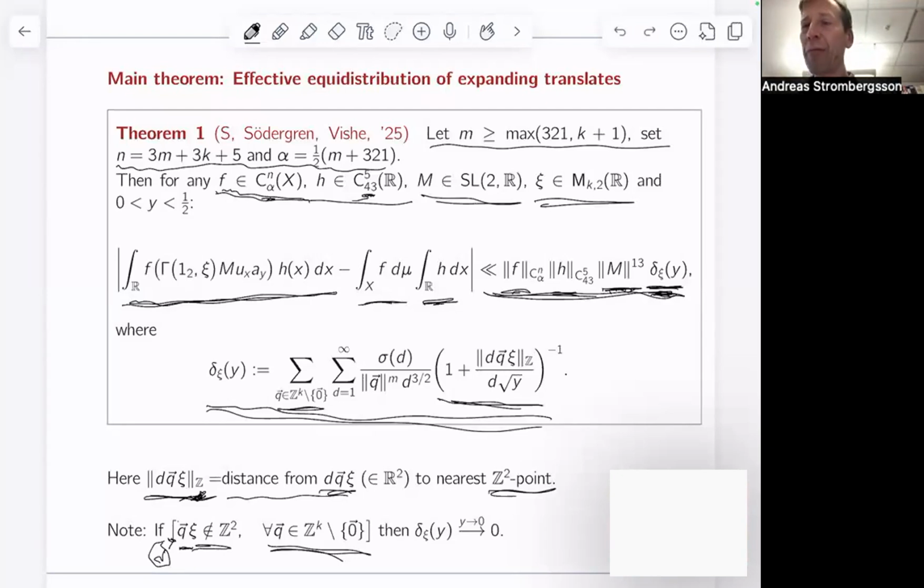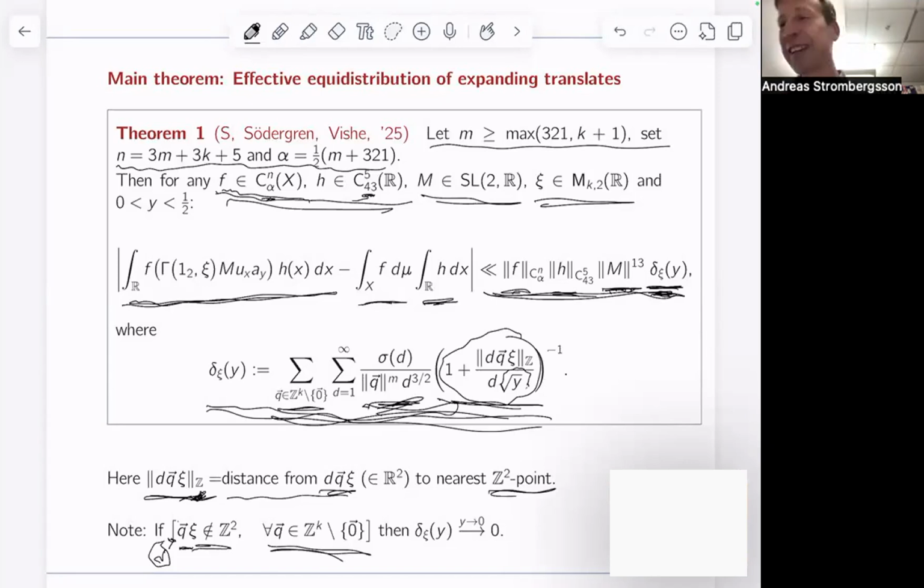And then because of the absolute convergence I just told you, since when y goes to 0, this number inside blows up, tends to infinity, and then I take it to the -1. So we see that each individual term in the sum will tend to 0, and because of the absolute convergence, we see that the whole sum tends to 0. So the result stated here implies the previous result, at least for these smooth type of test functions.